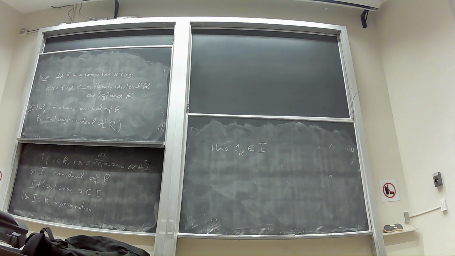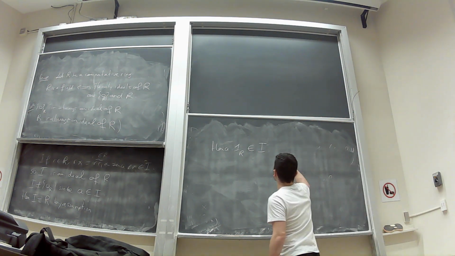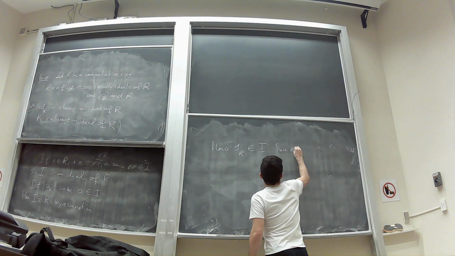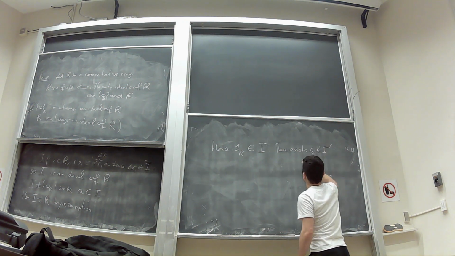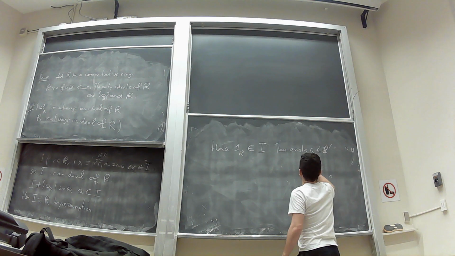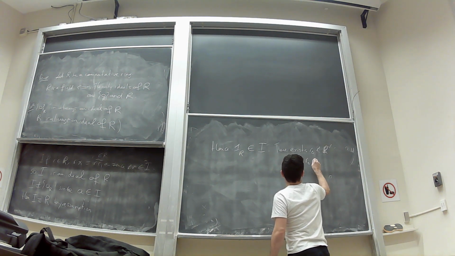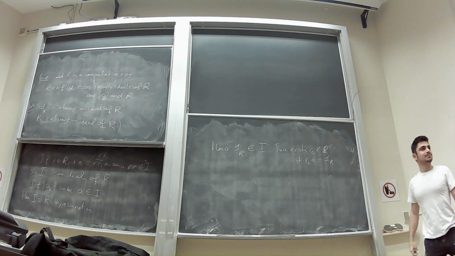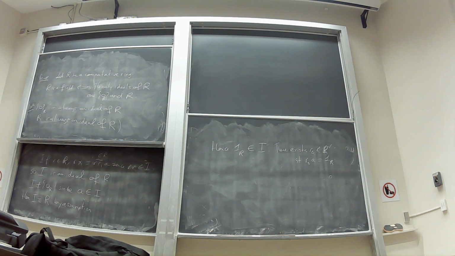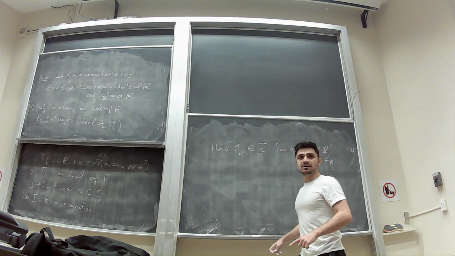Agree? Now if 1_R belongs to I, this means that there exists r_0 in I, r_0 in R, such that r_0 times a is equal to 1_R. Why? 1_R belongs to I, right?